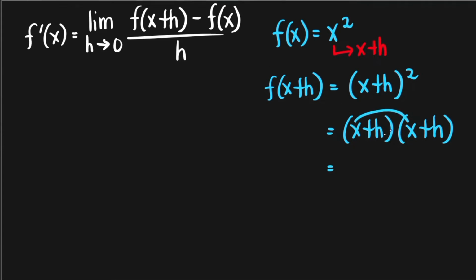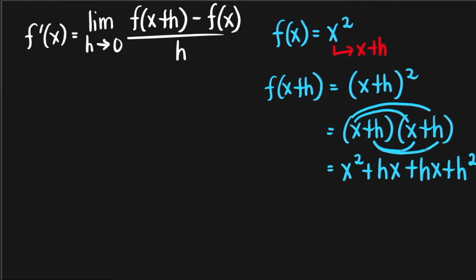X times x is x squared, plus x times h is hx, plus we have h times x is hx, and h times h is h squared. Now we have f of x plus h is equal to x squared plus these two hx terms will add up to 2hx plus h squared.